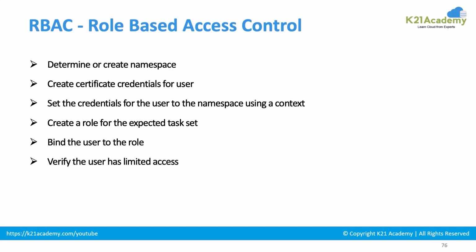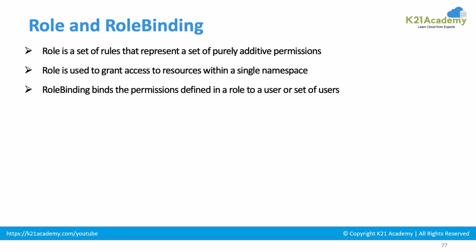When we are creating a role and we have a user to whom I want to assign that role, that is called binding. I'm binding the user to a role. That is the way we are limiting the access assigned to that particular user. So we have role and role binding.